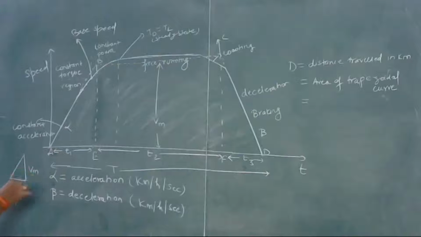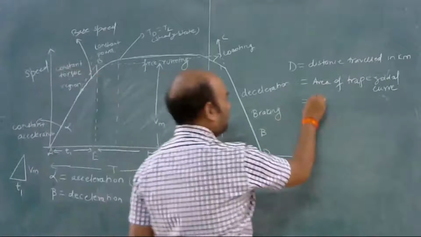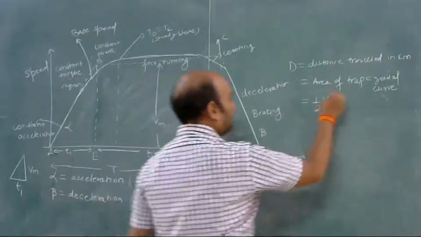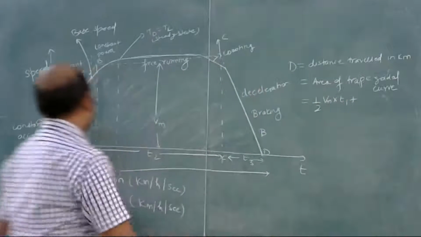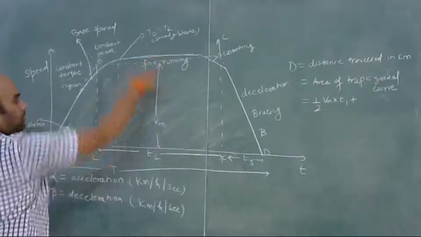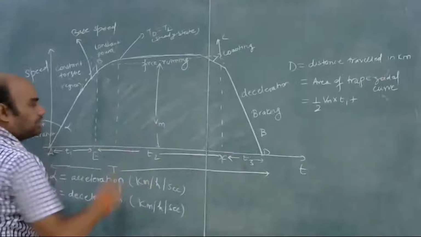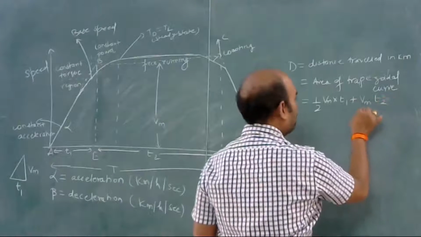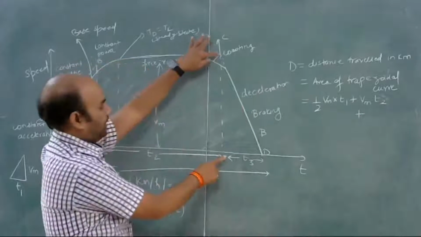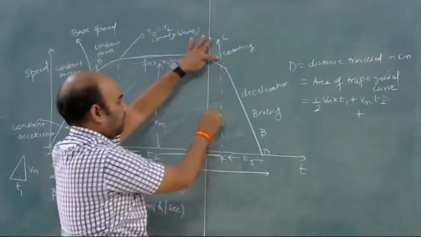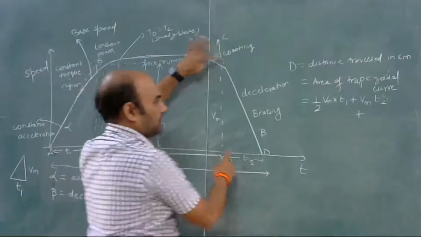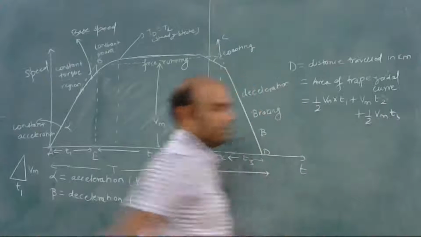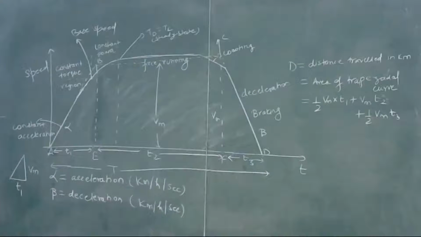So the area of this triangle will be equal to half Vm into T1, plus this is a square, length is Vm and breadth is T2, so this will be Vm into T2, plus again this triangle, height is Vm and base is T3, so this will be half Vm into T3. So this will be the area of this trapezoidal curve.